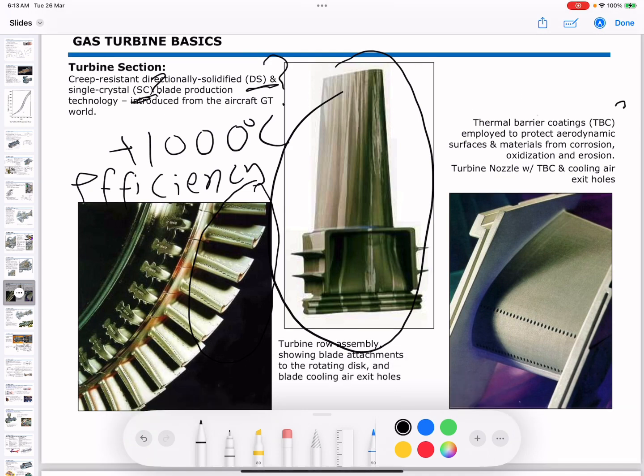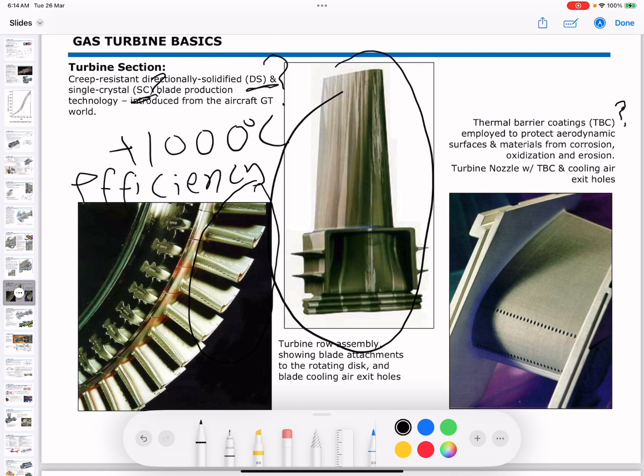So here we also have thermal barrier coatings, TBC. But what is TBC? The slide says they are employed to protect aerodynamic surfaces and materials from corrosion, oxidation, and erosion. That is true, but I'm going to talk more deeply about it.